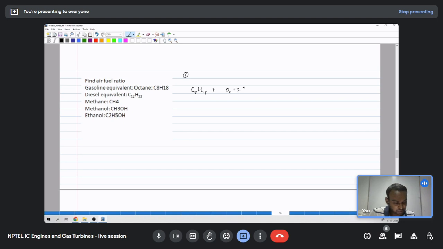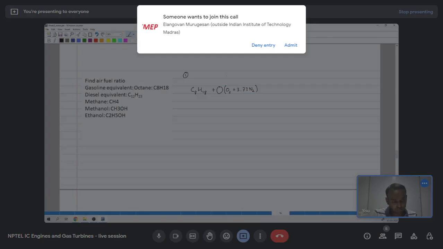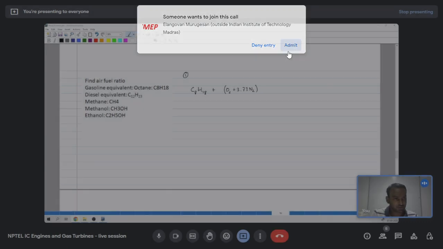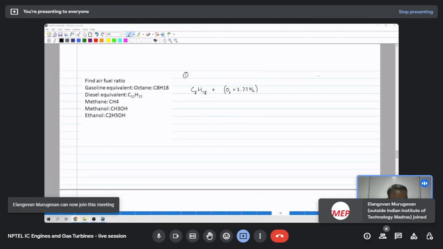So air can be represented by O2 plus 3.73 N2, and here you can fill in some value, and then still the nitrogen and oxygen balance will remain the same. This is assuming that for every 1 mole of oxygen in the air, there are 3.73 moles of nitrogen present.